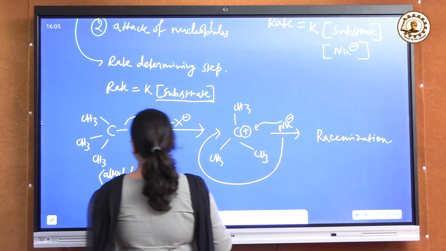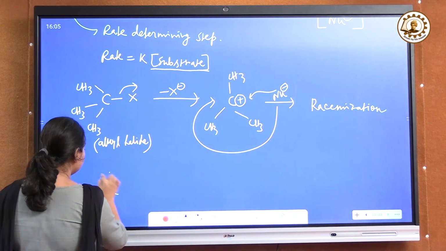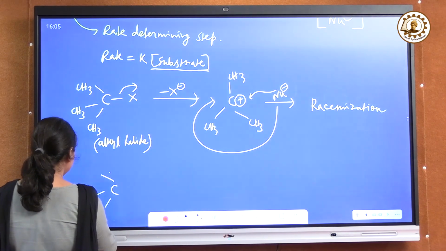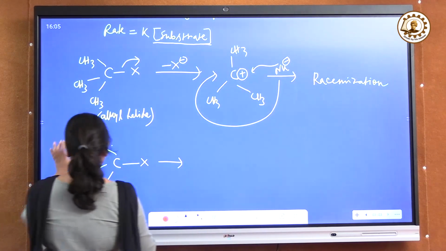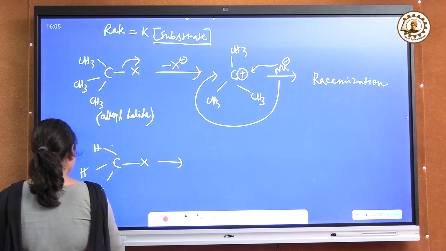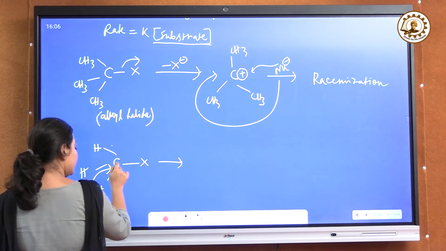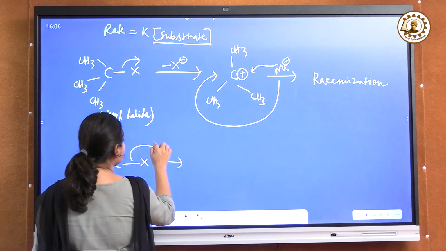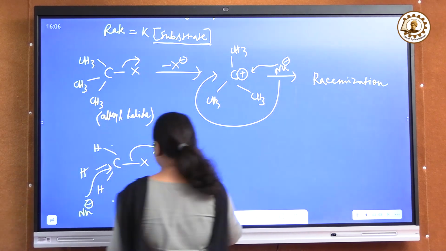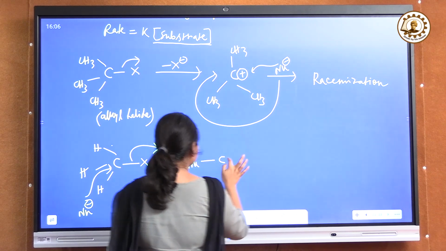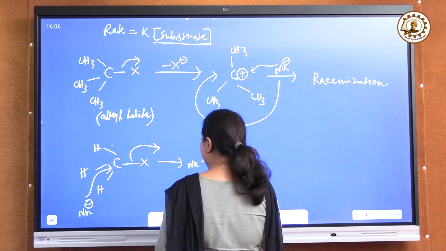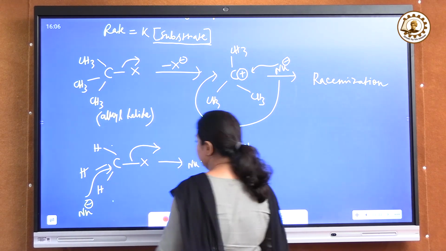But in case of SN2, what happens? Let's say this is H, H, H, X. In SN2, the nucleophile is attacking the electron deficient site, and departure of the leaving group is happening at the same time. So this is the nucleophile, with hydrogen, hydrogen, hydrogen.